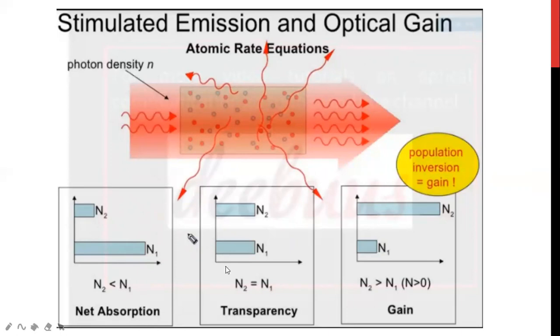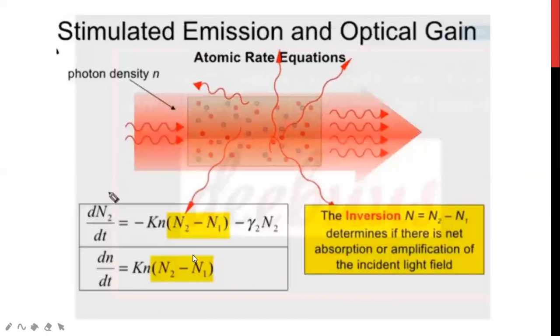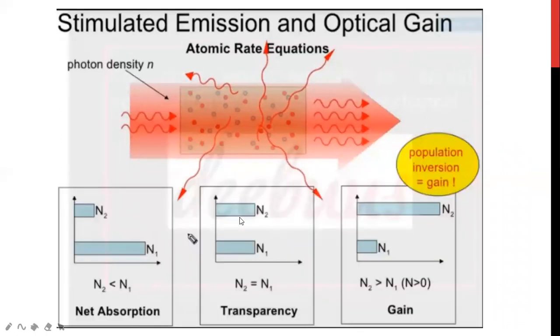We had already discussed this. When N1, the number of atoms in the lower energy level, is greater than in the higher level, then as per this equation, the net result in the gain region or active region will be absorption.